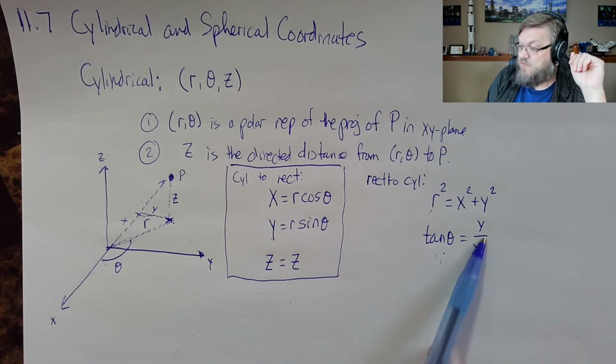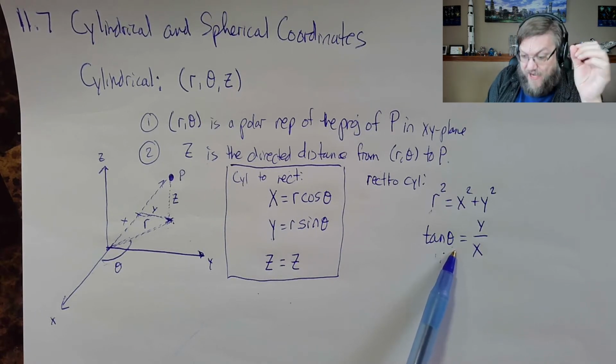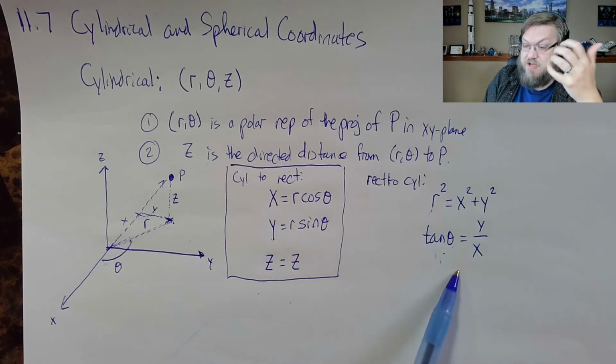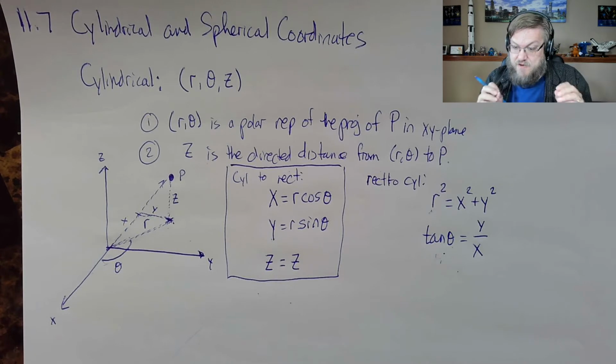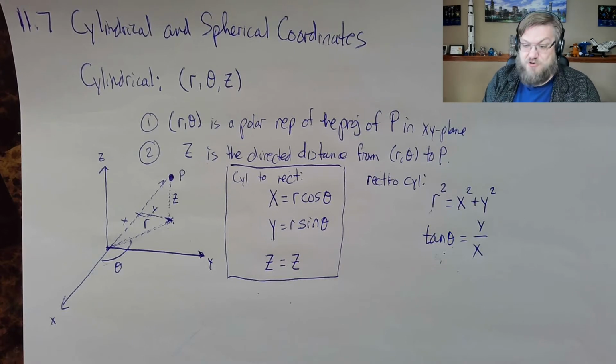So just knowing whether this is positive or negative, there's actually still some ambiguity in where theta exactly lives. So going this direction, rectangular to cylindrical, you're going to have to do a little bit of detail checking to make sure that you're not accidentally picking the wrong quadrant. You could have quadrant issues when you go this way.